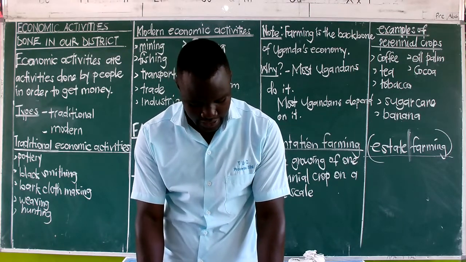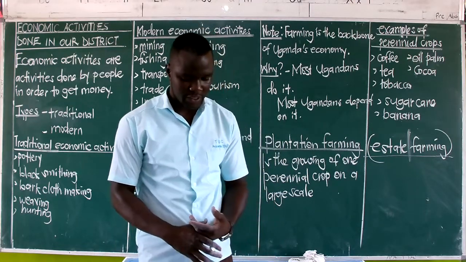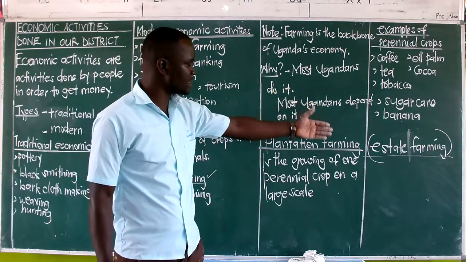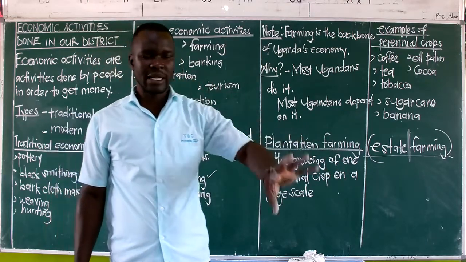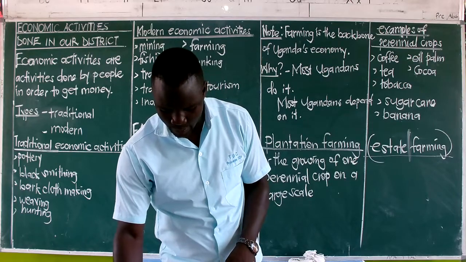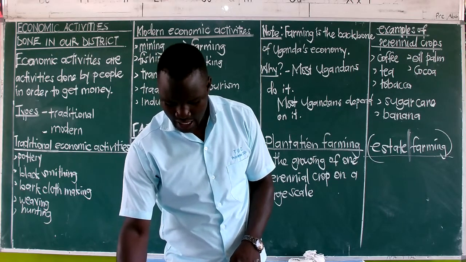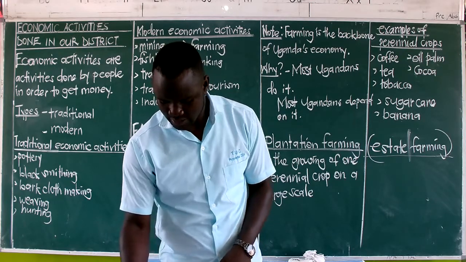We have, on page 74, before we talk about fishing, we are looking at what are the advantages of these plantation farms. Now, when it comes to the advantages of plantation farms, if you are asked, I want you to get a pen and put somewhere: advantages of plantation farms. We have page 73.